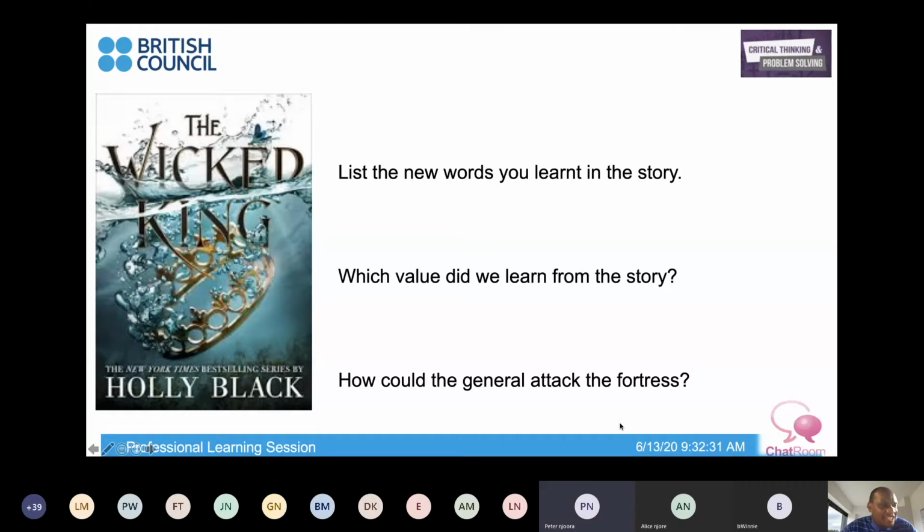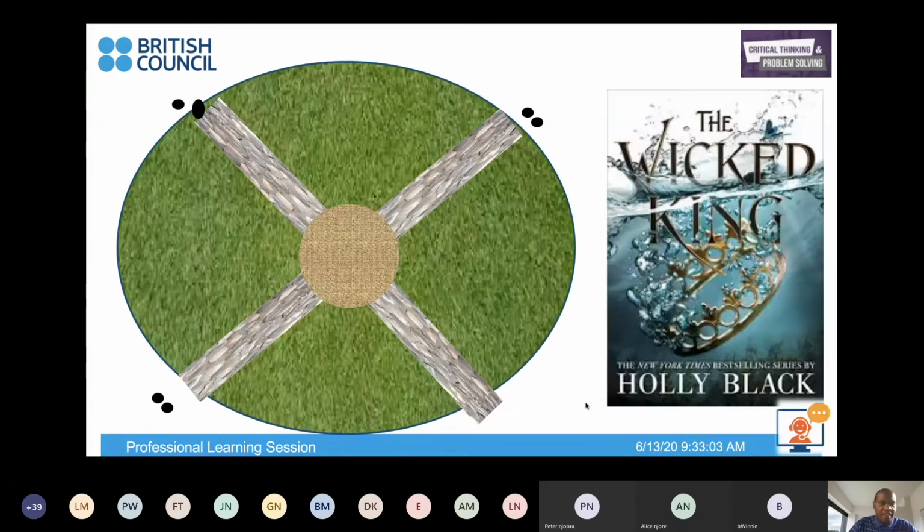Use one soldier. So I'll now give you a possible solution. Let's look at what the possible solution could be. This is the castle in the middle, and you can only pass one person at a go. So what the general could do, you take one troop member, the bomb does not detonate.